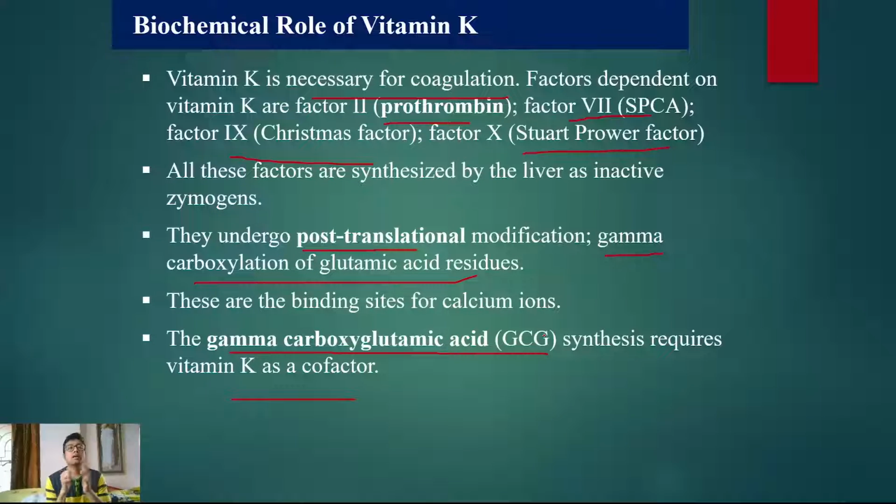What happens? The glutamic acid residues get carboxylated in order to form gamma carboxyglutamic acid, and that reaction requires vitamin K as a cofactor. So mind it, one example of biotin independent carboxylation is this.